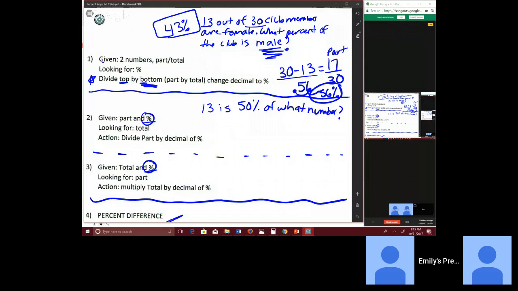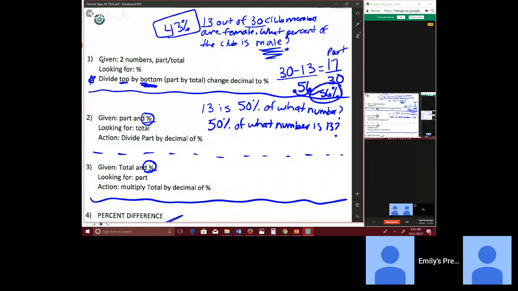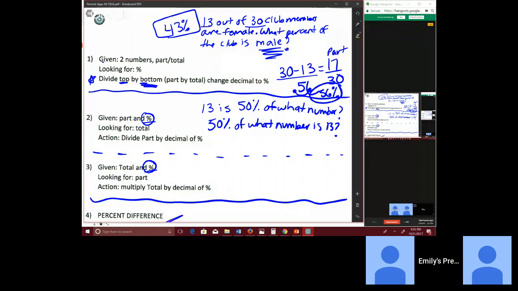Now I will ask exactly the same question. Percent in the front. So 13 is 50% of what number, or 50% of what number is 13. That says the same thing, but they're in opposite orders.